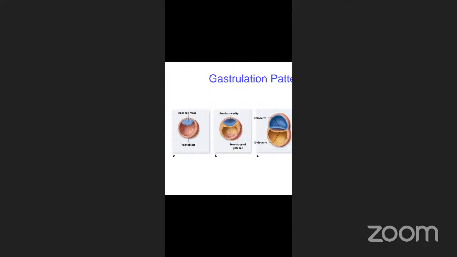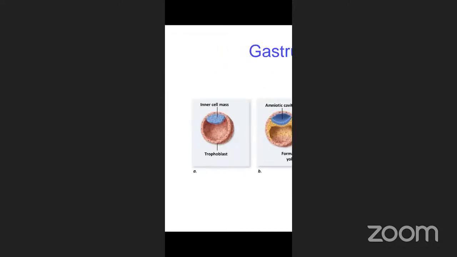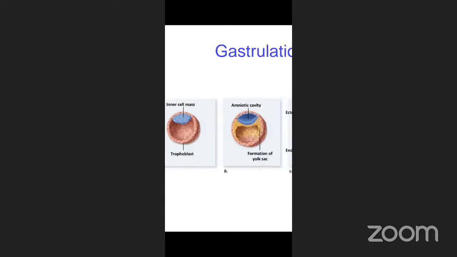And in mammals, it is similar to birds. The inner cell mass will flatten and form two layers. Then finally the third germ layer will also form. The outermost layer forms the trophoblast, and we have the inner cell mass. The blue one is the inner cell mass, and the outer layer is the trophoblast.